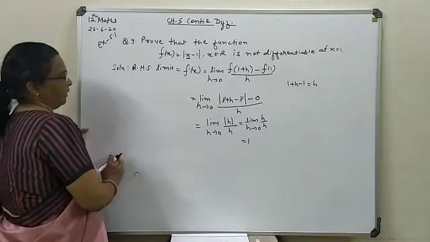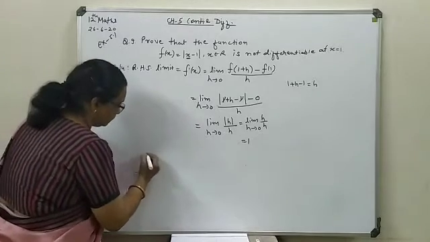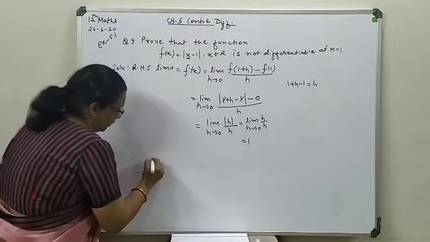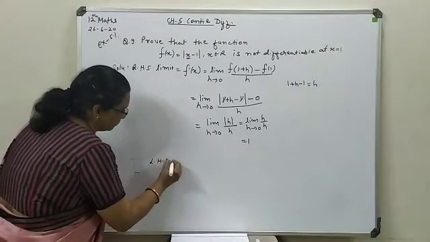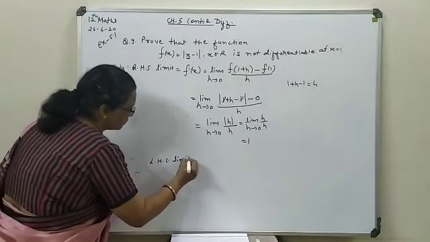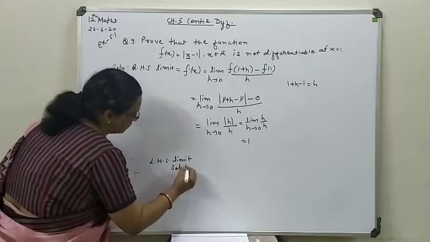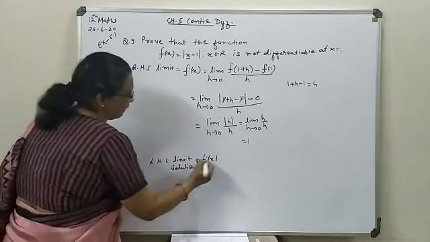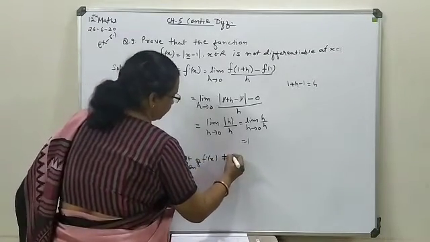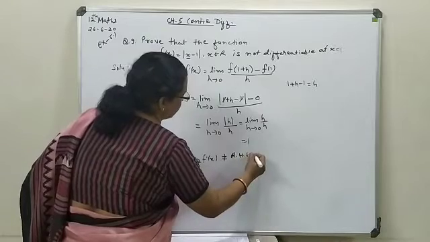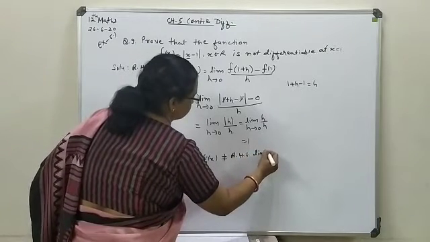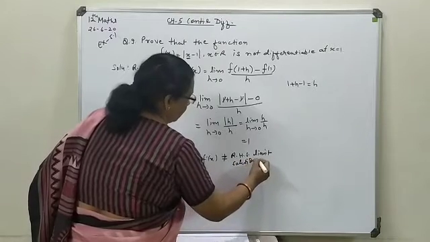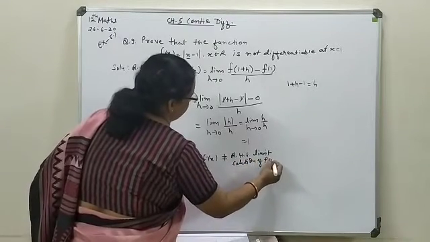So the conclusion we have is that the left limit solution of f dash x is not the same as the right hand side limit solution of f dash x.